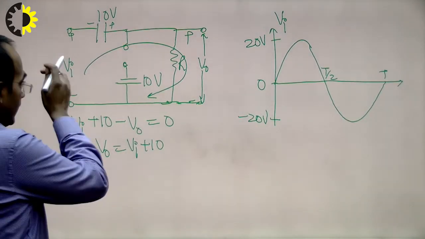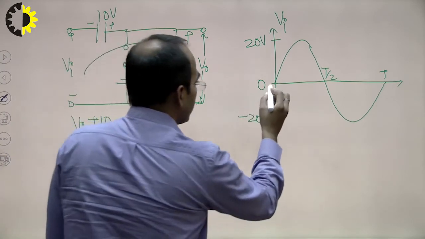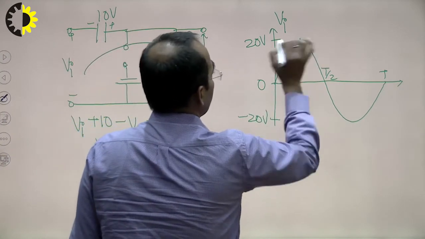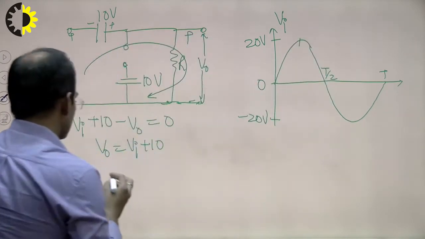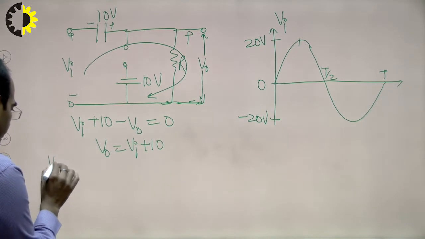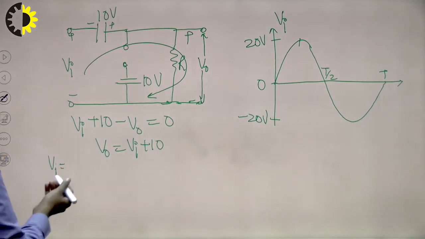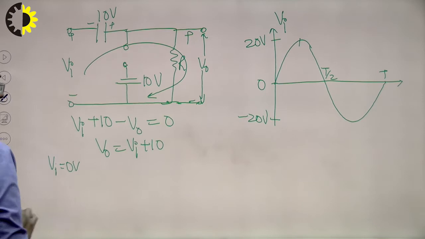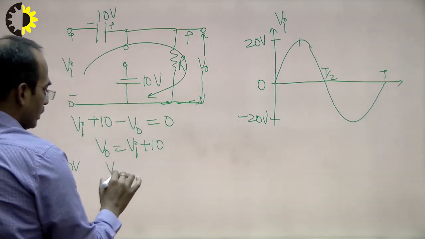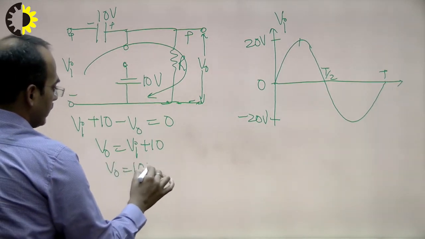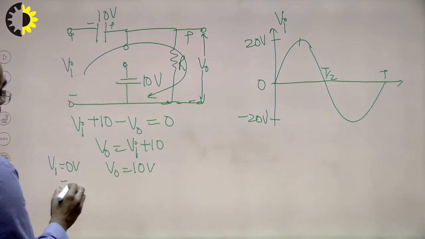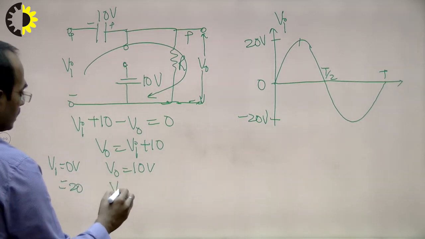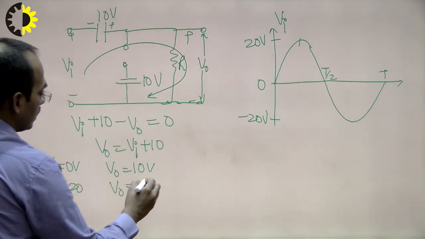Now, you can see that here the input is varying from 0 to 20, 20 to 0. So, when Vi is equal to 0 volt, V naught is equal to 10 volt. When Vi is equal to 20 volt, V naught is equal to 30 volt.